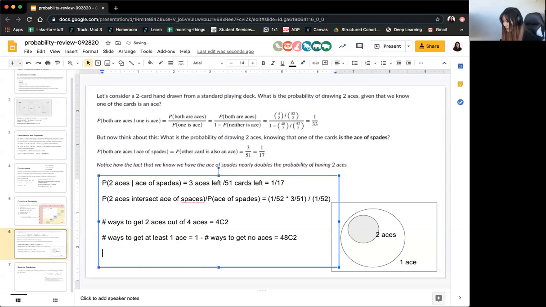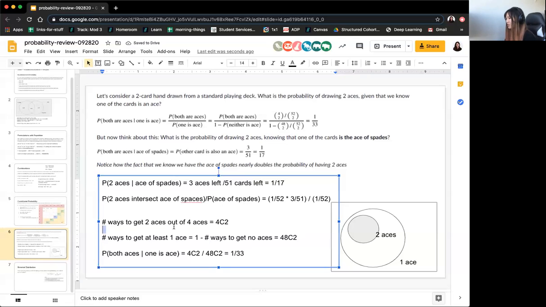And so therefore the probability of both aces given one is an ace is given by numerator over denominator, 4 choose 2 divided by 48 choose 2, which based on what I see there, evaluates to 1 out of 33.